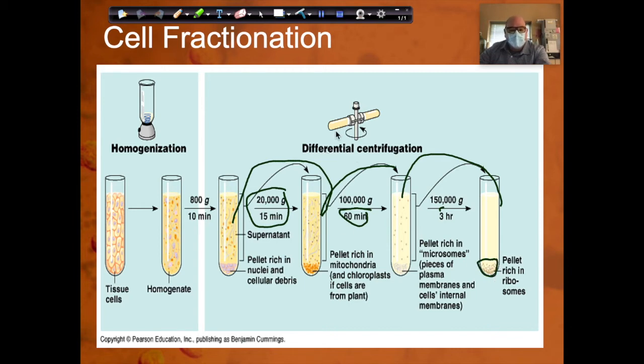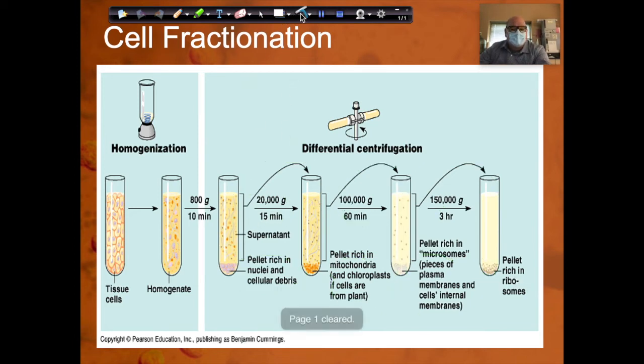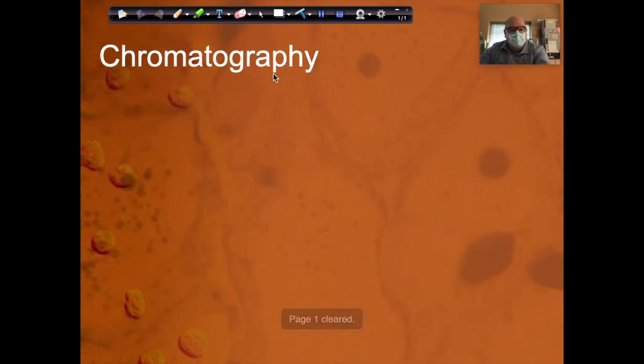So we can use just basically force to pull things of different sizes out, but we keep doing it in different layers. So we start getting out nuclei and some of the pieces we broke off. Then we get out smaller organelles. So if you wanted to look at these things individually, this is how you could get to them, all the way down to ribosomes.